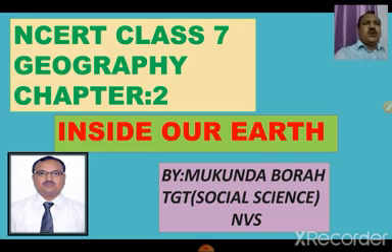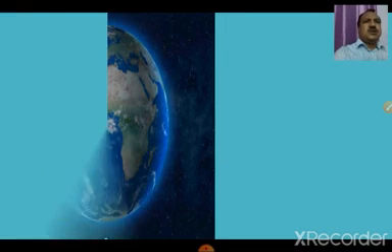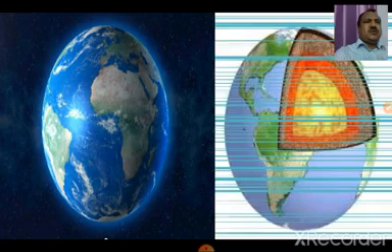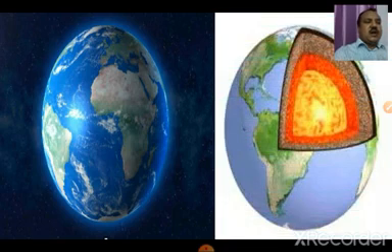Today we are going to learn about Inside Our Earth, NCERT Class 7 Geography Chapter number 2. The Earth, our homeland, is a dynamic planet in the solar system. It is constantly undergoing changes inside and outside.